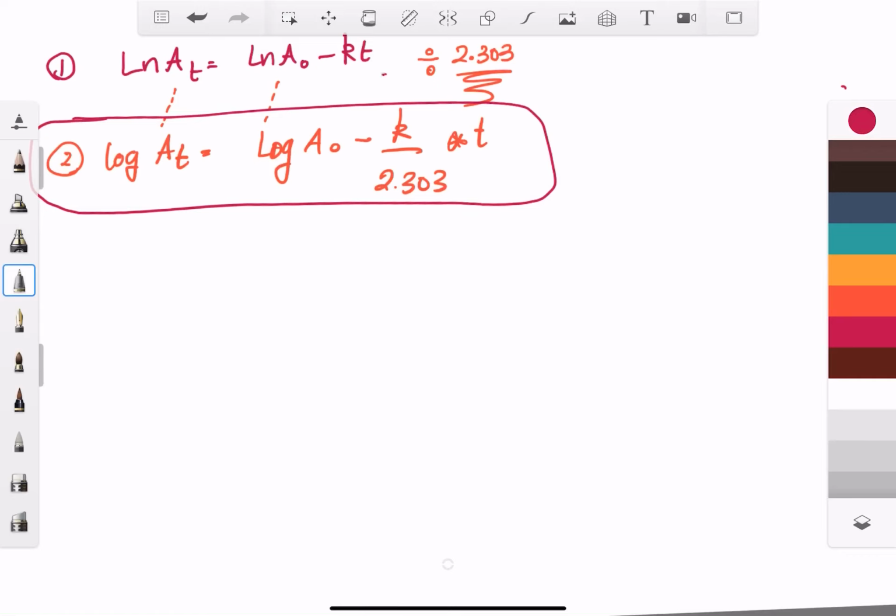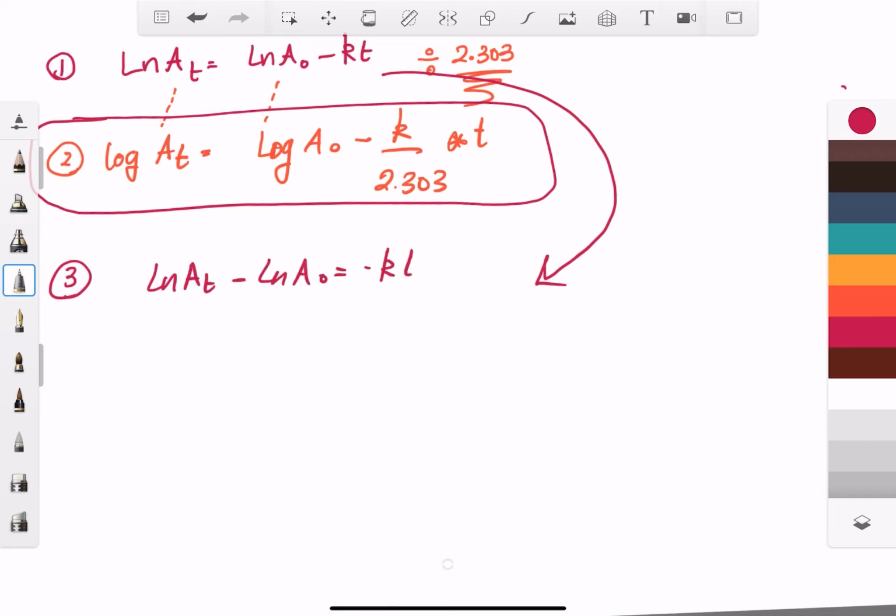Or we can just use this equation and rearrange it by having ln A at a certain time, which was like this, right? So ln one term minus ln the other term, we could have it in this way, right? ln A at time t minus ln A naught.